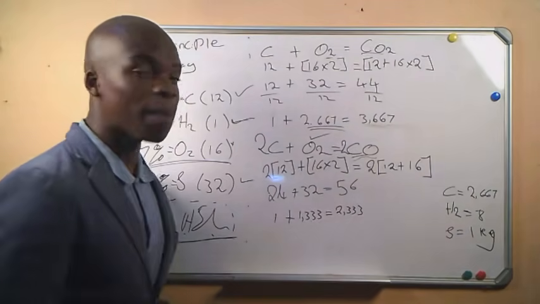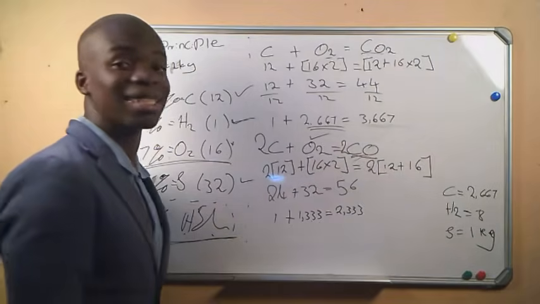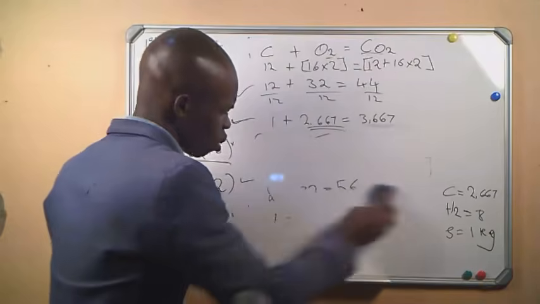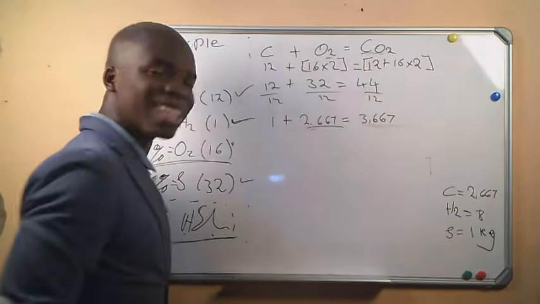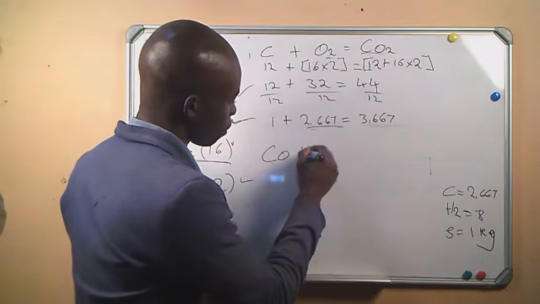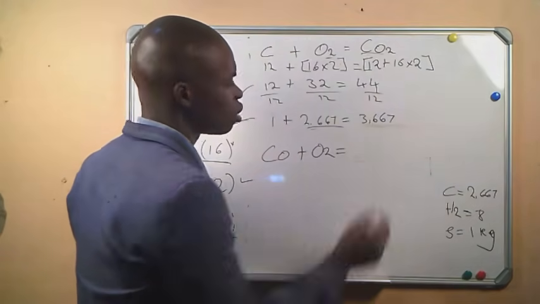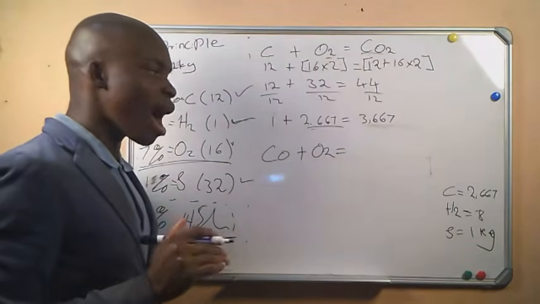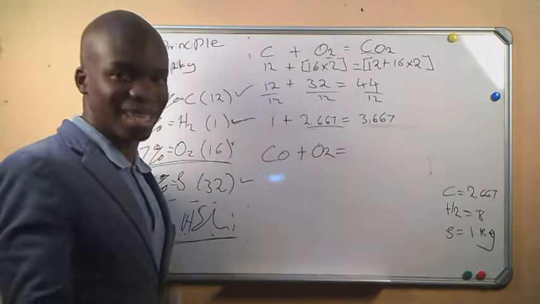But because we know that carbon monoxide is as a result of insufficient oxygen, what happens now when we take the carbon monoxide, CO, and add oxygen? Now, because we are adding oxygen, it's like we are continuing with the reaction.